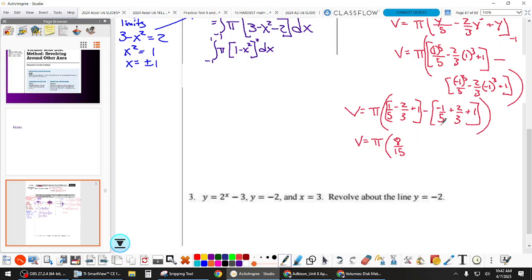Is that right? Negative 3 plus 10 is 7 plus 15 should be 22/15.